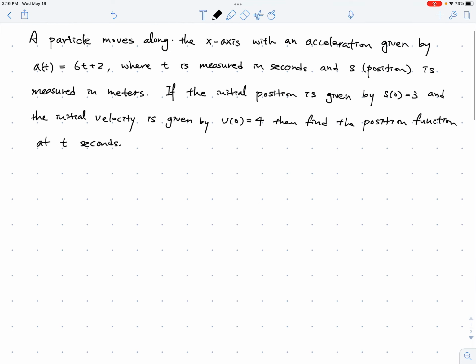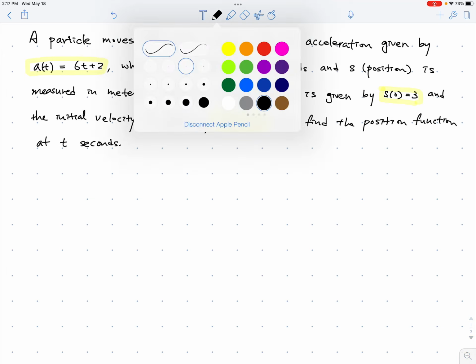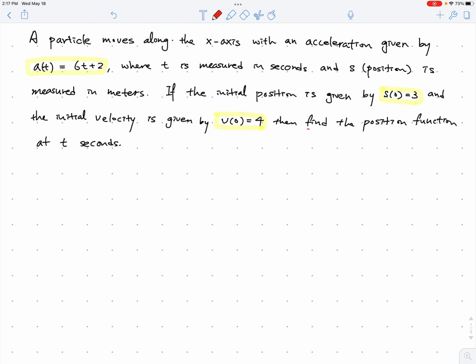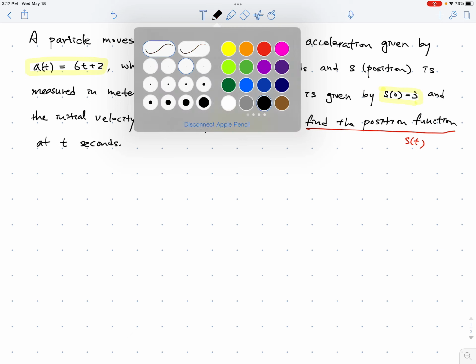Okay, so notice that we're given this information: the acceleration function, and we're given an initial velocity as well as the initial position. So how do we use this to find the position function? We're looking for the position function s(t).